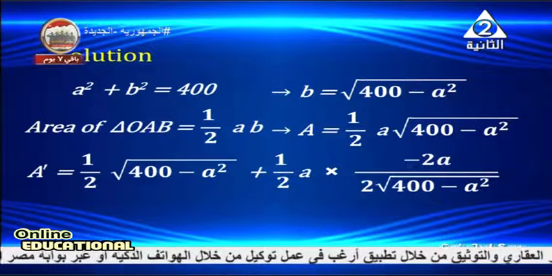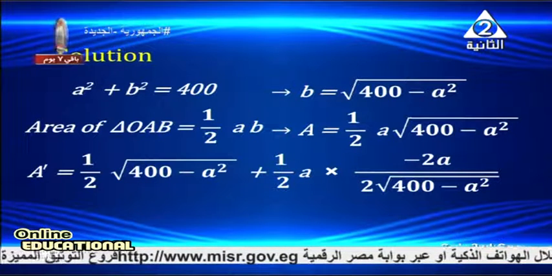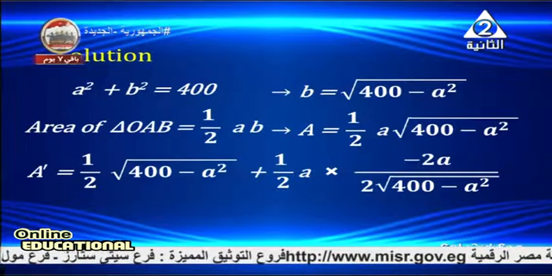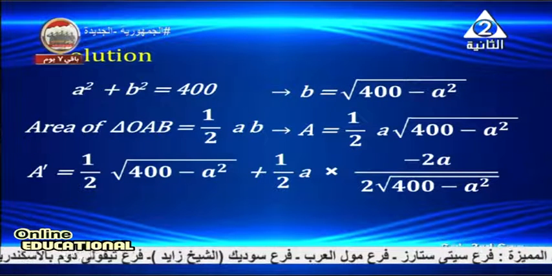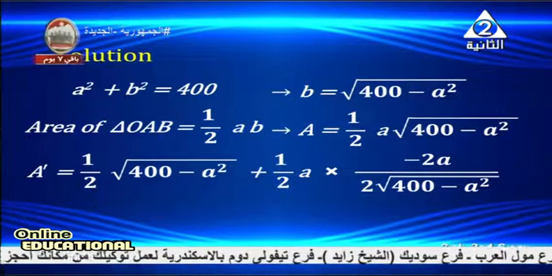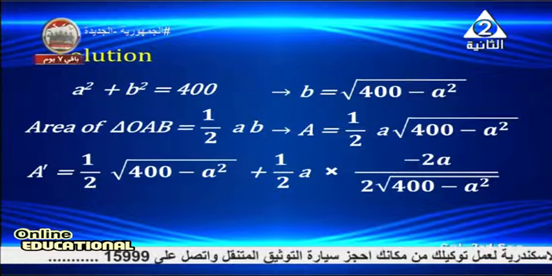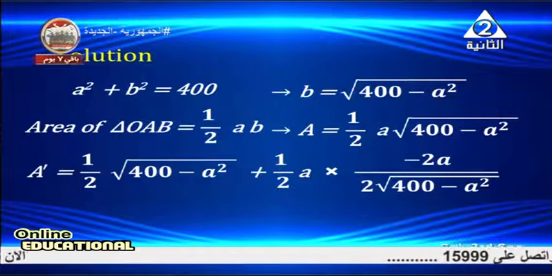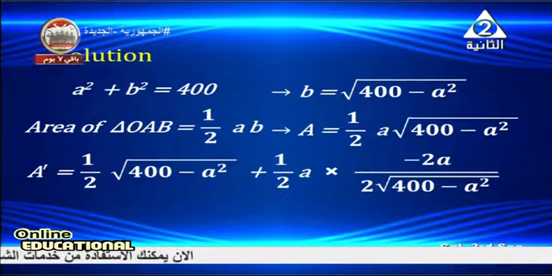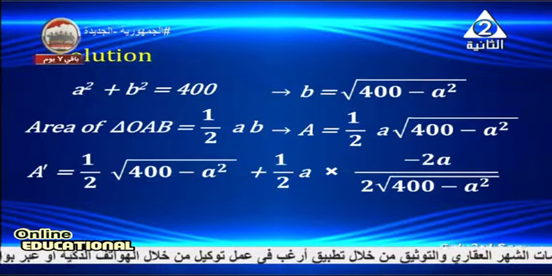The derivative of the square root of 400 minus a to the power 2 equals the derivative of the function inside the root, which is negative 2a, over twice the root. Then the derivative of the square root of 400 minus a to the power 2 is negative 2a over 2 multiplied by the square root of 400 minus a to the power 2.